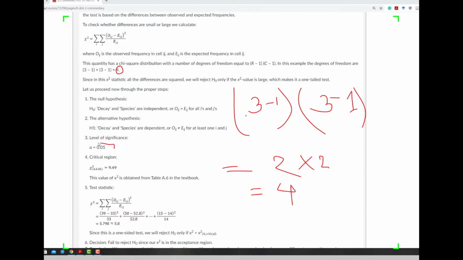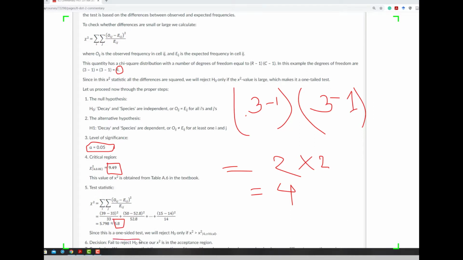The level of significance, if it's not given, you can choose 0.05, and then you can find the critical value and compare it with the chi-square statistic value.